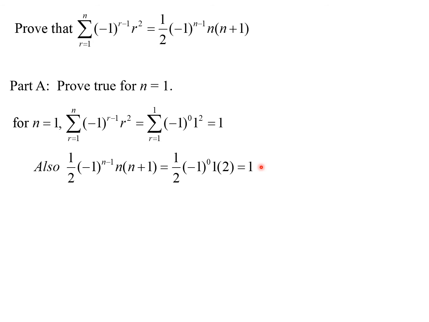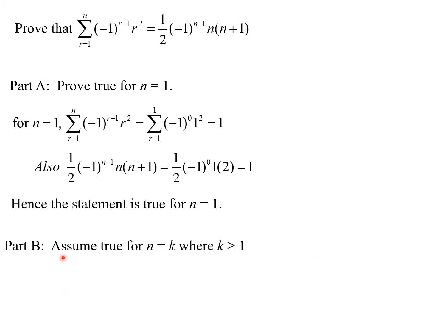Then for the next step, you move on to the successive value of n being k. So when n is k, you assume it's true for n being k, so you substitute your n with k. In this case, your n here becomes k.